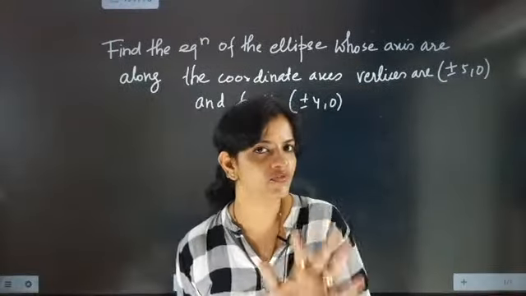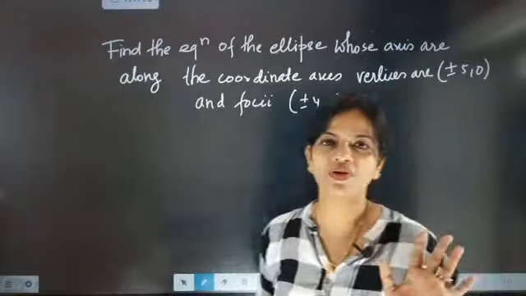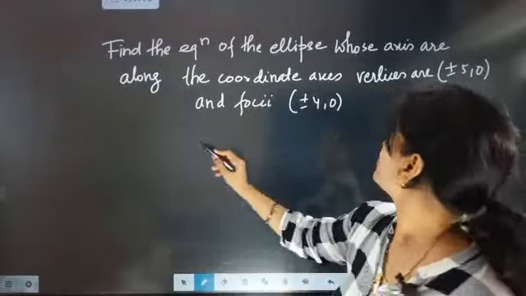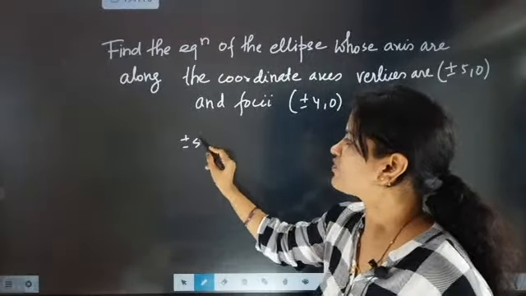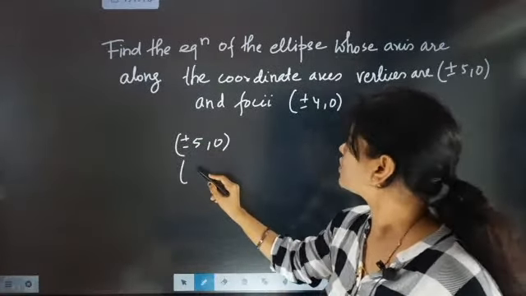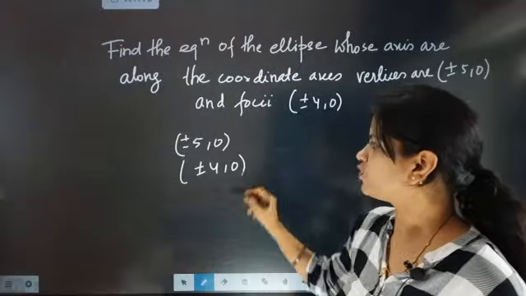Now they have given you vertices and they have given you foci. Vertices is coming as plus minus 5, 0 and foci is given as plus minus 4, 0.